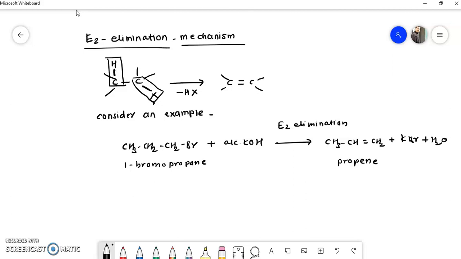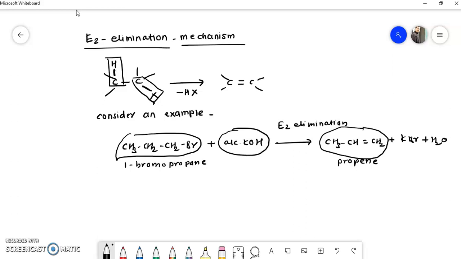Now in this reaction, the rate of formation of this propene depends upon the concentration of this 1-bromopropane as well as the concentration of this alcoholic KOH.